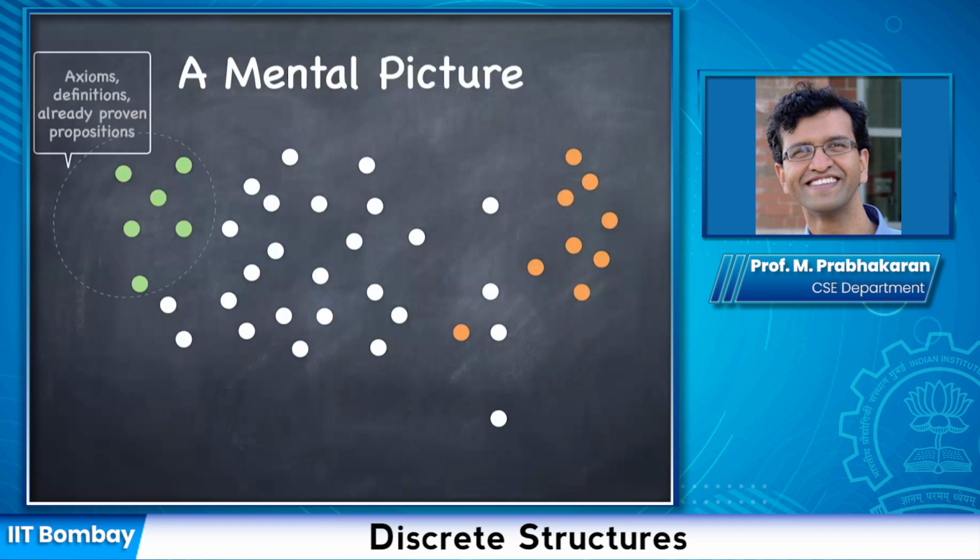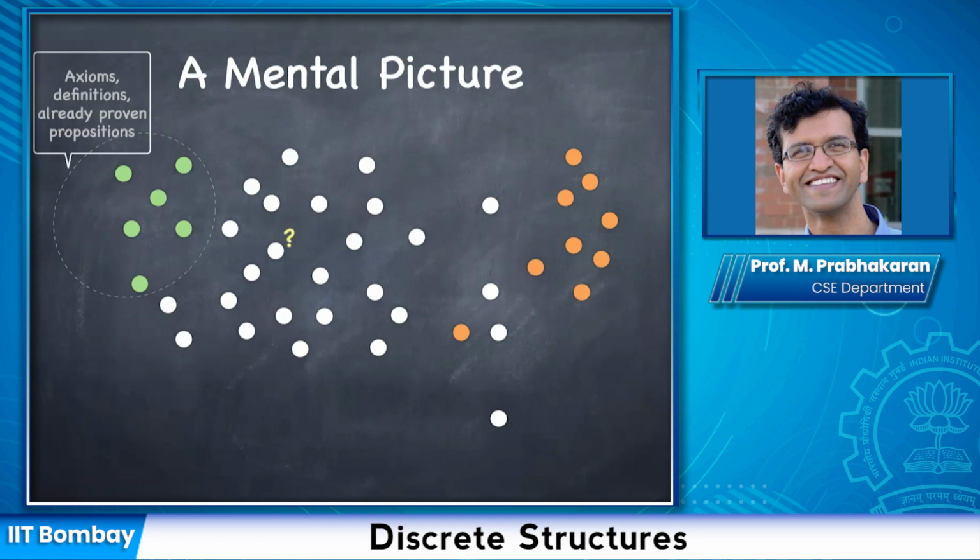There are also propositions that you already know are true because they might be the axioms, propositions coming from the definitions, or propositions proven earlier. They're all the green ones you can start with.